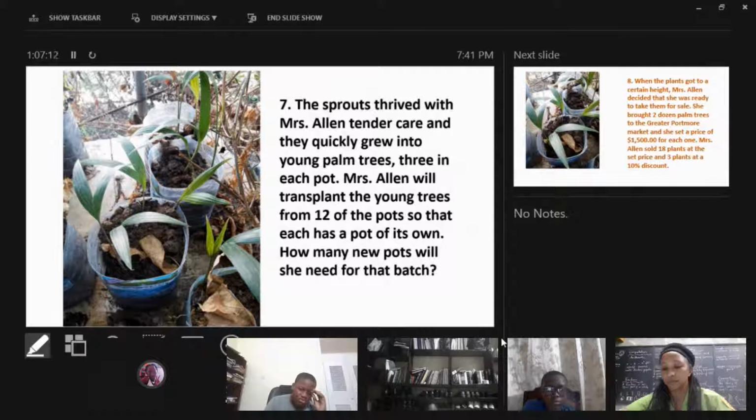The sprouts thrived with Mrs. Allen's tender care and they quickly grew into young palm trees. 3 in each pot. Mrs. Allen will transplant the young trees from 12 of the pots so that each has a pot of its own. How many new pots will she need for that batch?